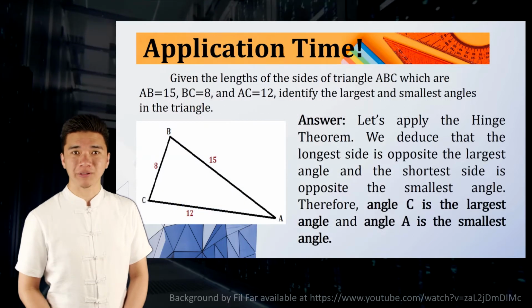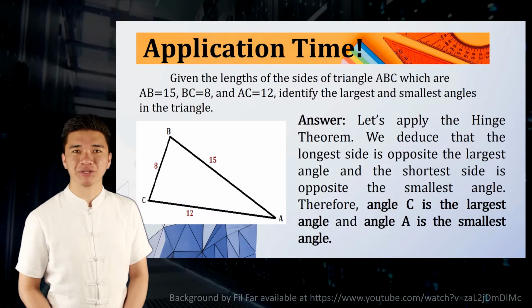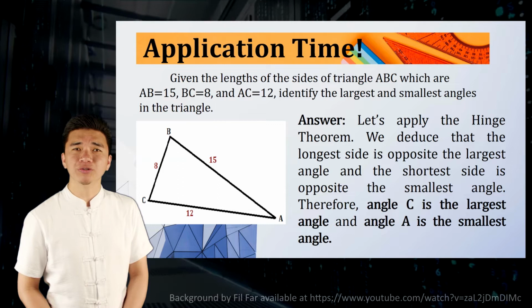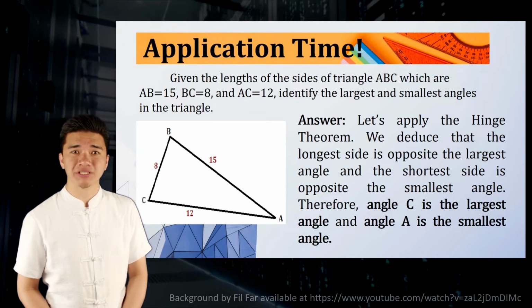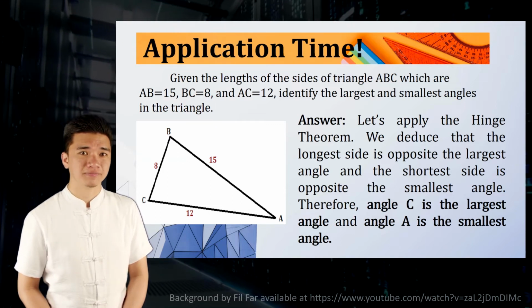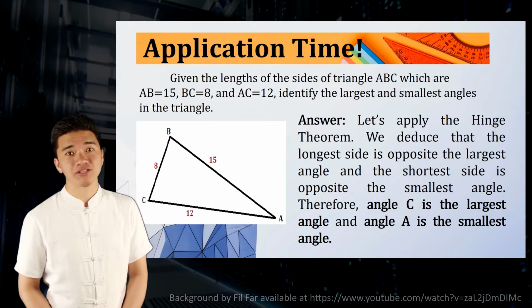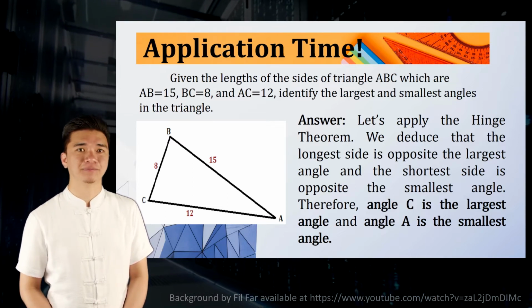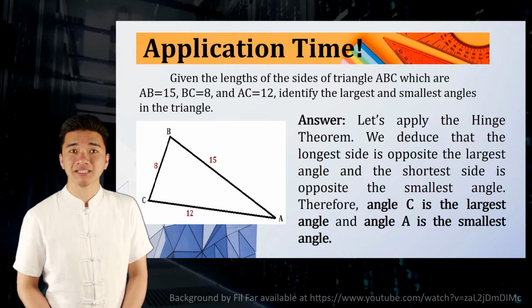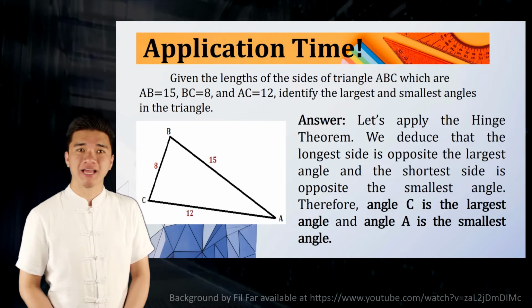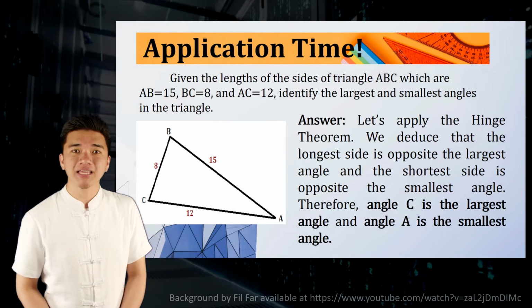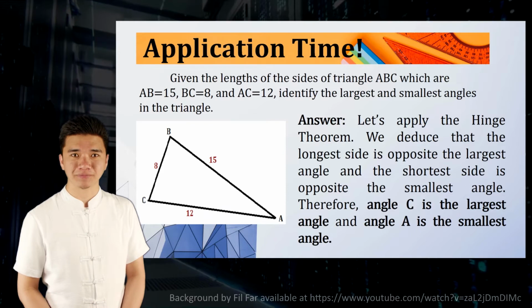To solve this problem, let's apply the Hinge Theorem. We deduce that the longest side is opposite the largest angle, and the shortest side is opposite the smallest angle. Therefore, angle C is the largest angle, and angle A is the smallest angle.